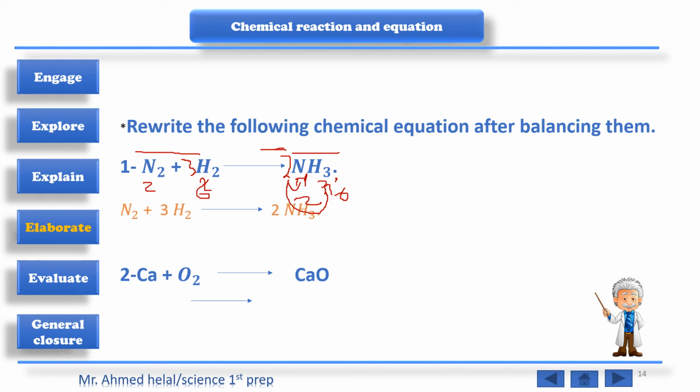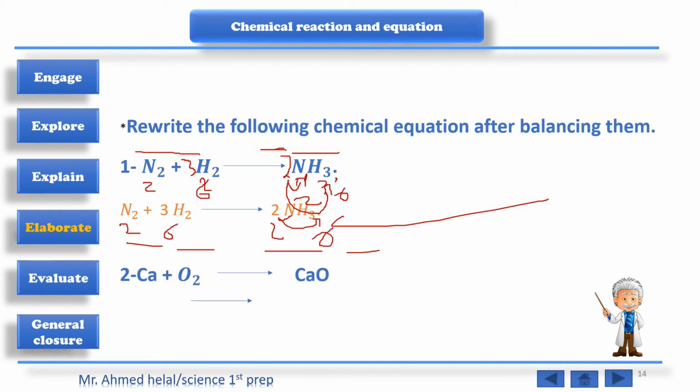So it will be N2 plus 3H2 equals 2NH3. Here we have 2 nitrogen atoms and 6 hydrogen atoms, and here 2 nitrogen atoms and 2 by 3 equals 6 hydrogen atoms. So 2, 6, 2, 6, it's a balanced equation.